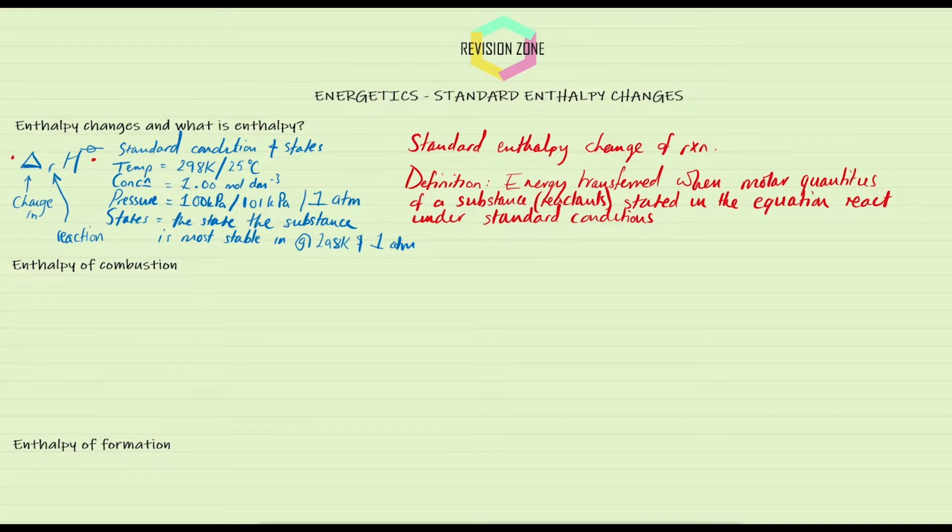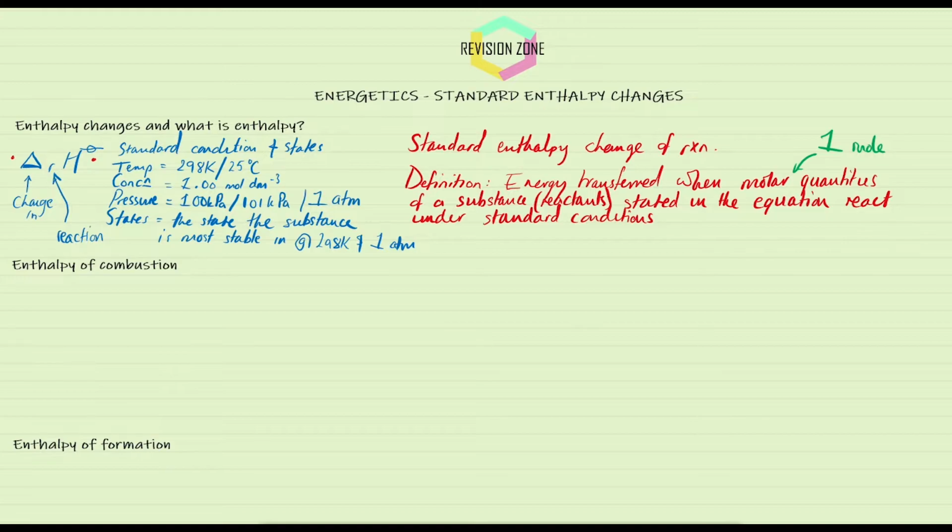Now, what we also need to look at is this idea of molar quantities. In any definition, we'll always look at 1 mole. And that's really, really important. 1 mole all the time.